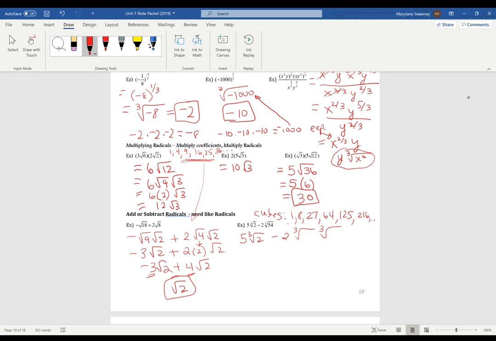What's the biggest of these cubes that goes into 54? That would be 27. 27 times 2 is 54. So that's what I'm going to break that into. So this says 5 cubic root of 2 minus 2. Now, cubic root of 27 is 3, because 3 times 3 times 3 gives you 27.